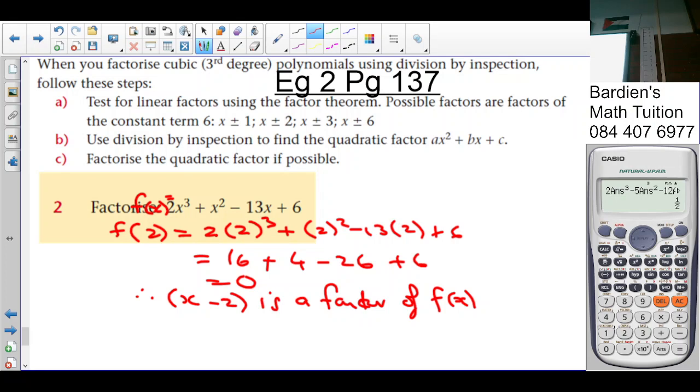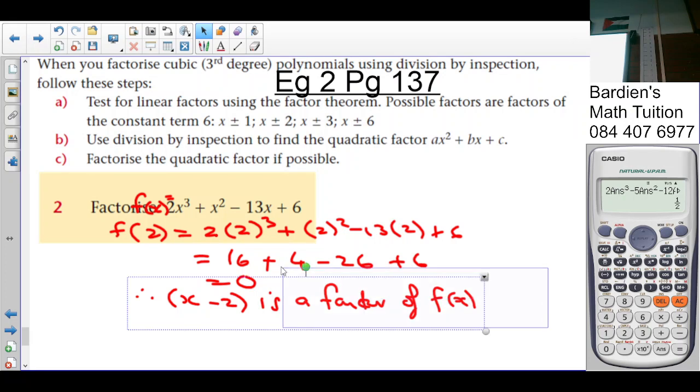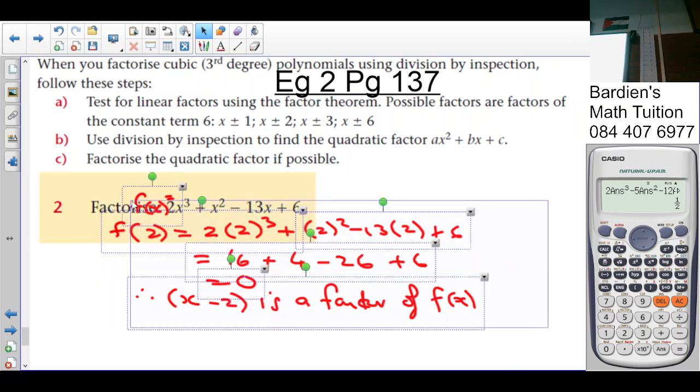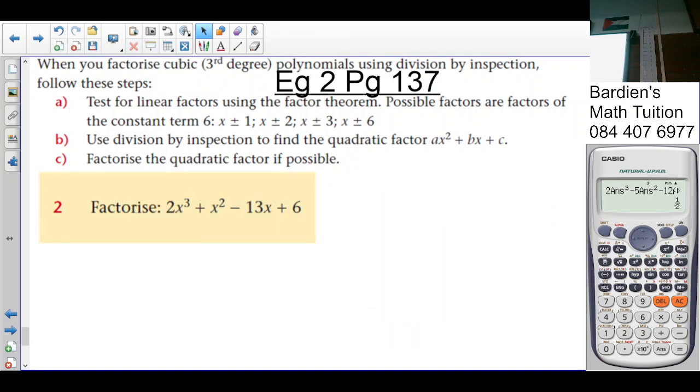Any confusion? No. So therefore, your linear factor is x minus 2.